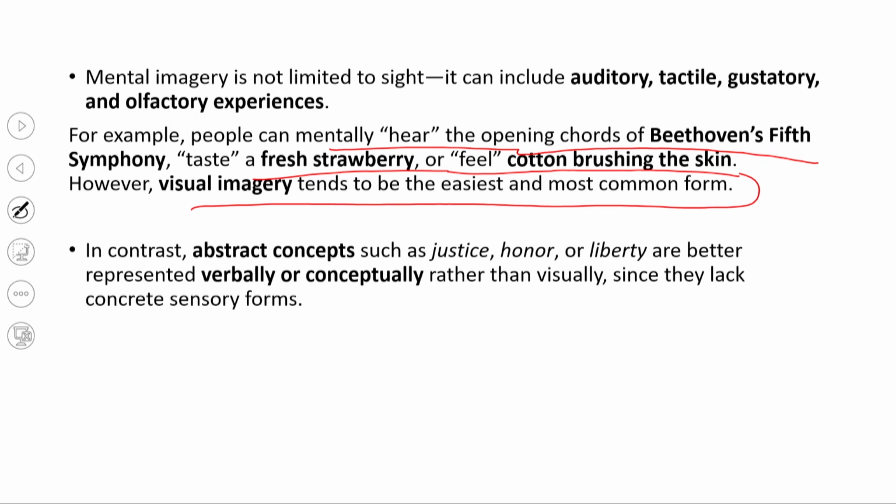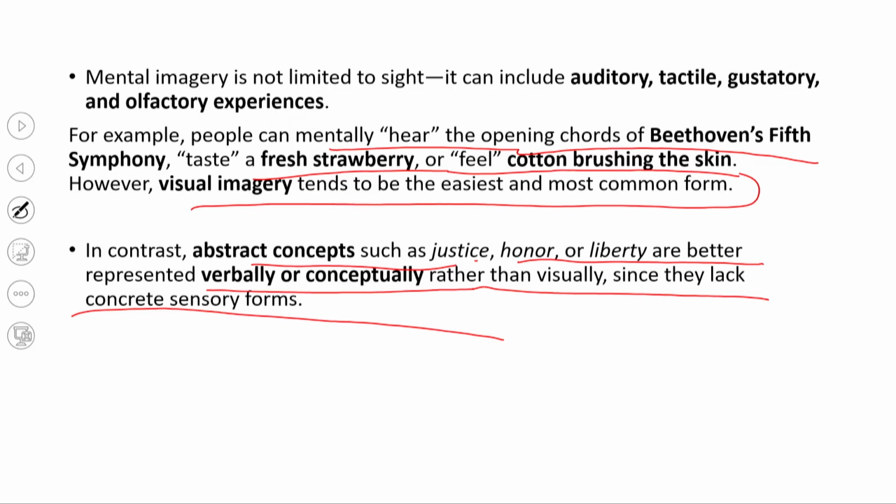In contrast, abstract concepts such as justice, honor, liberty are better represented verbally and conceptually rather than visually, since they lack concrete sensory forms. When an abstract concept comes, such as the concept of truth, beauty, liberty, justice, they do not have a clear-cut form or shape.